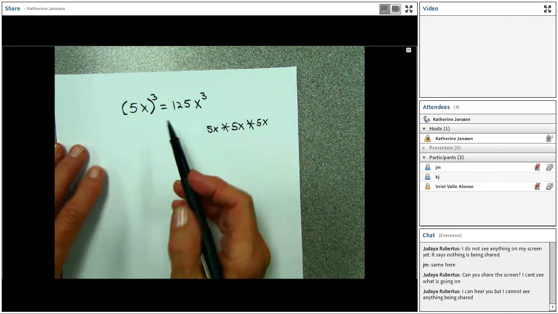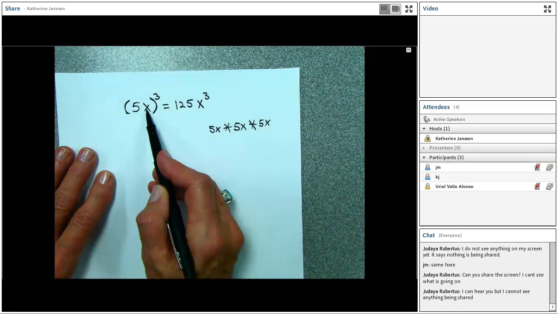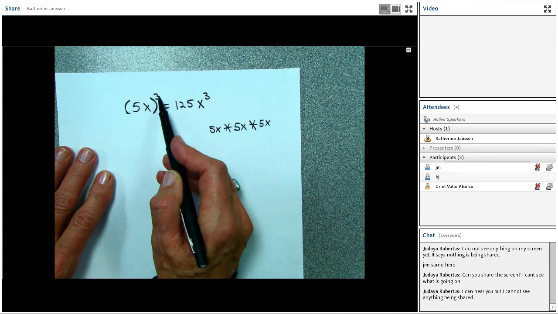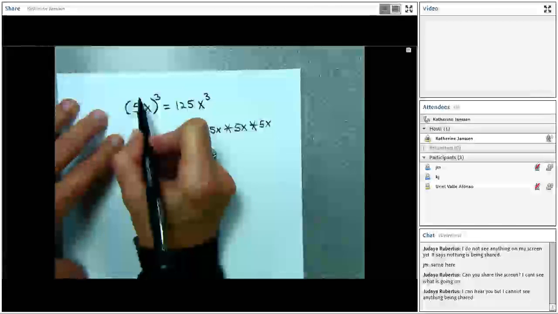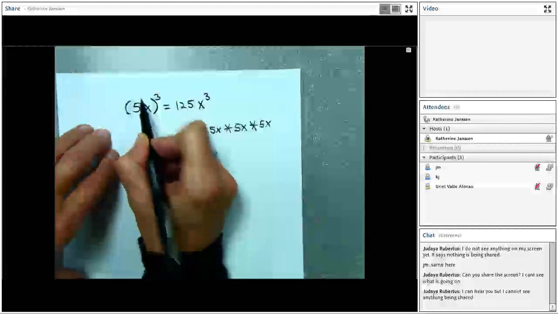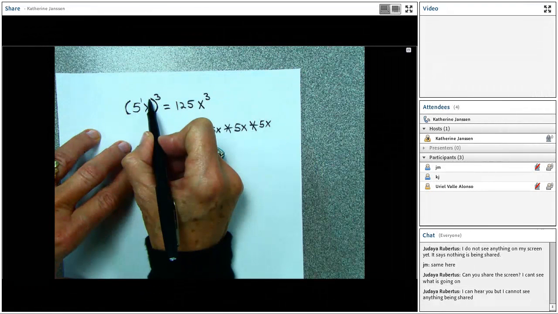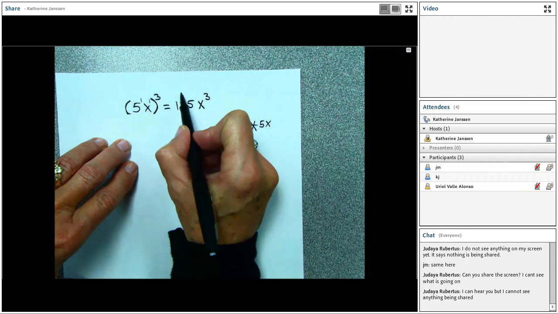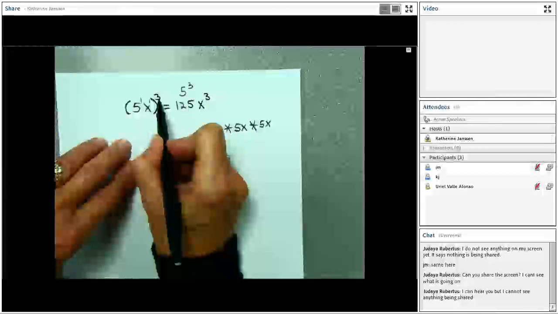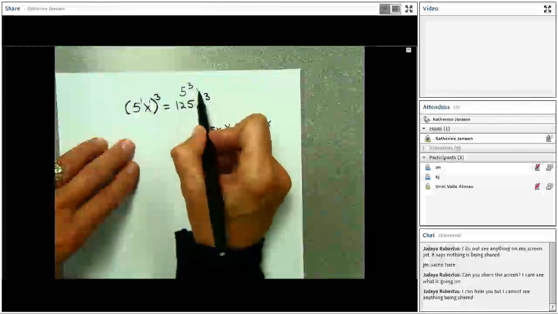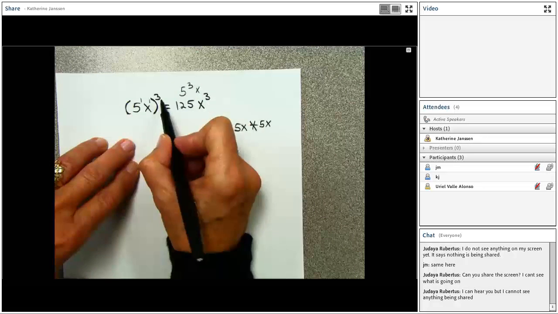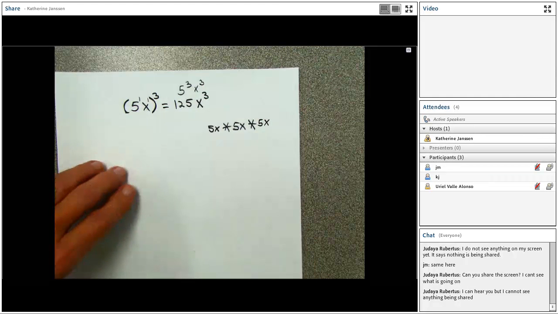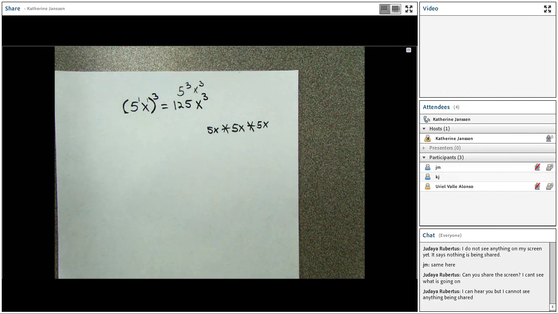Now what happened here, I have a base raised to a quantity. This is actually 5 to the first power. This is x to the first power, and I multiply exponents. So I got 5 cubed. 3 times 1 is 3, and x raised to the 1 times 3 is 3. And then I solved 5 cubed. A base raised to a power, the quantity raised to a power, we multiply exponents.